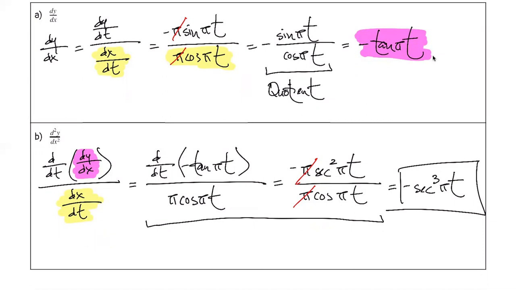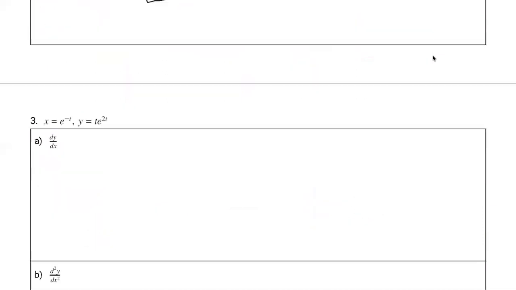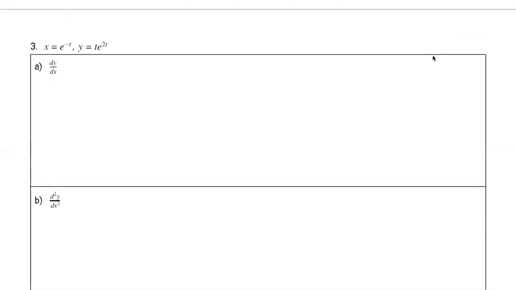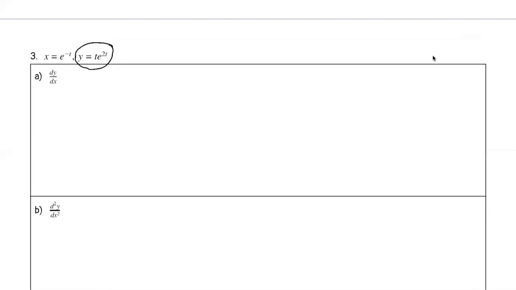All right, let's take a look at example 3. So we have x equals e to the negative t and y equals t e to the 2t. Now, as soon as I read that second part, automatically I'm thinking I'm going to need product rule if I'm taking my derivative, which I need to.